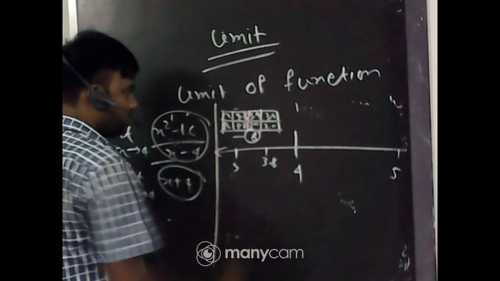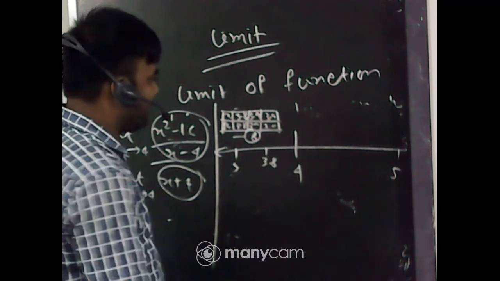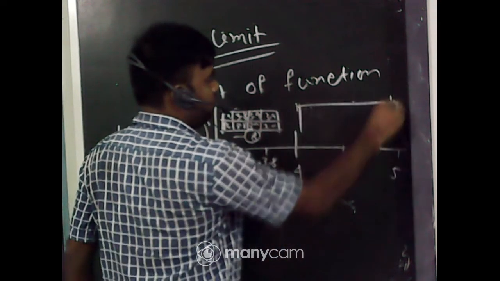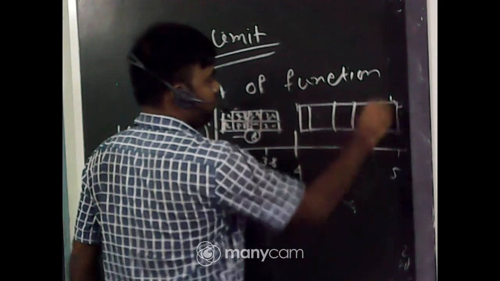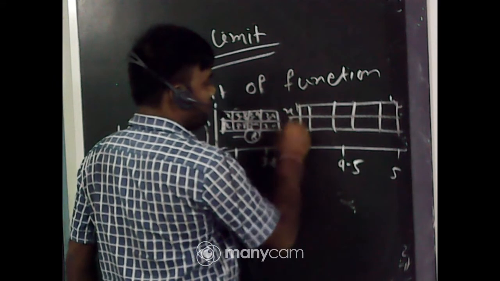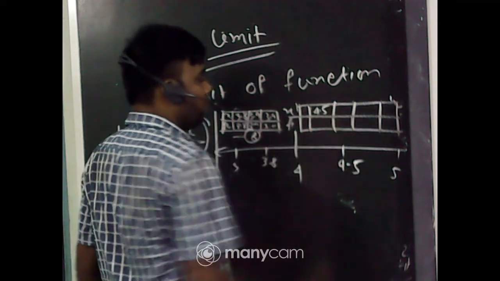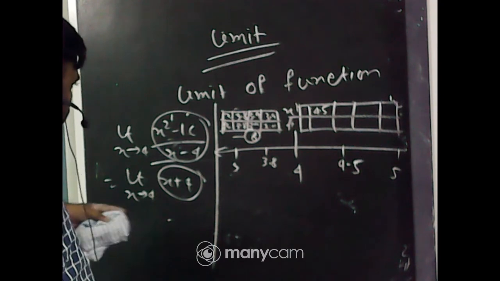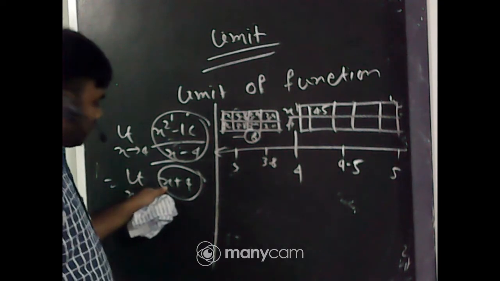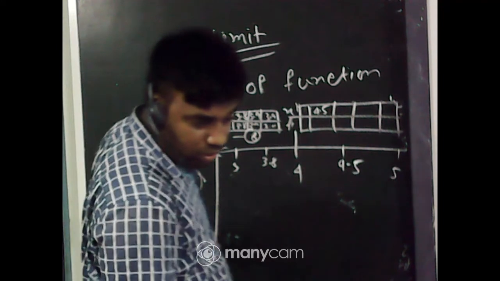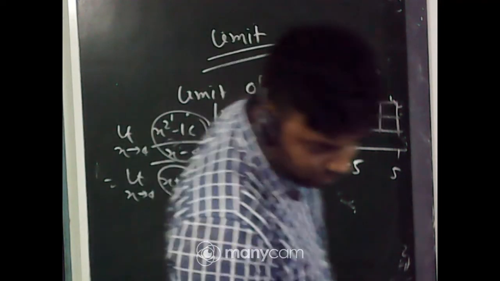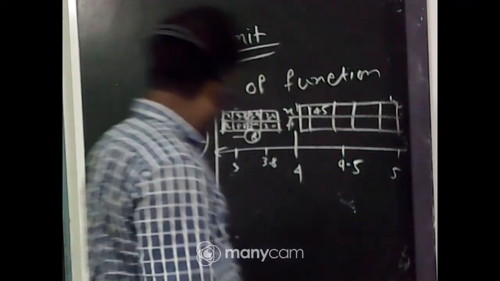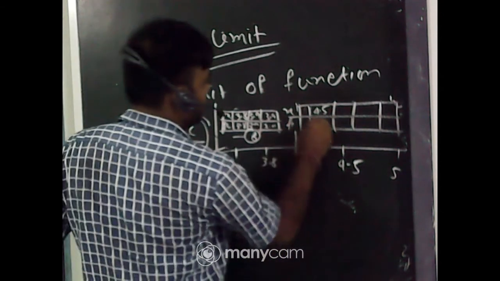Now in the right hand side, we make the table of x and f(x). First of all, it is 4.5. The value of f(x) will be 4.5 plus 4, that is 8.5.